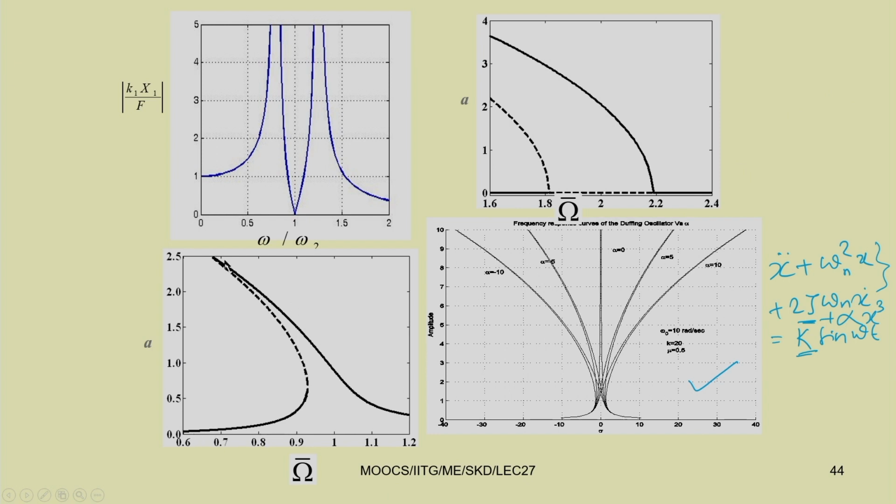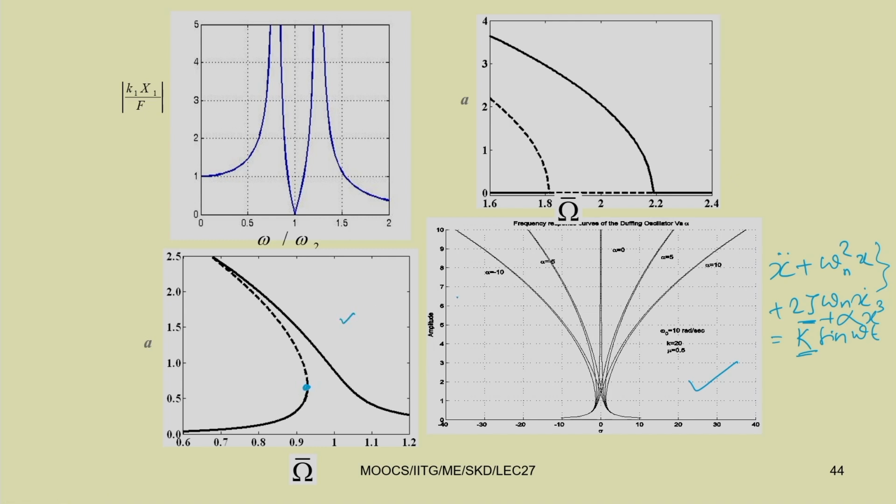Similarly for other systems, you can have the trivial state in the stability region, the subcritical pitchfork bifurcation and the supercritical pitchfork bifurcation. Here the response is only the non-trivial state, and here you can have saddle node bifurcation points.